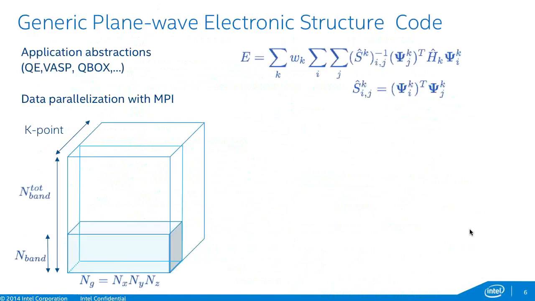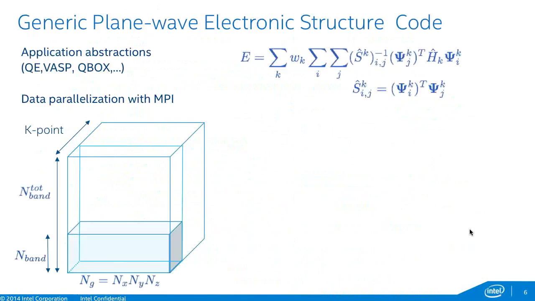This is a mathematical representation of what these codes do. The class of code I'm describing includes Quantum ESPRESSO, VASP, and Qbox, which you are very familiar with. Although the details are very complicated, and each code is 100,000 to millions of lines of code, essentially what these codes are trying to do is the equation you are seeing on the top, just summing a lot of loops.